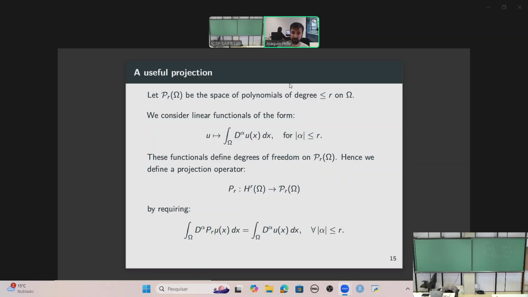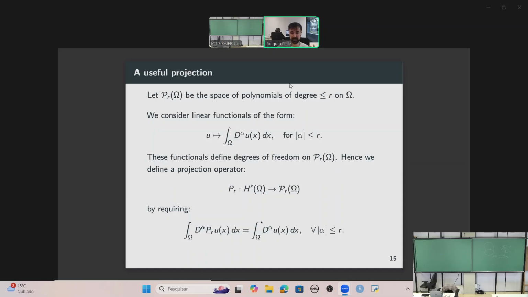So how do we define the projection here? If I have a certain function u, how do I define its projection onto the polynomial space? Well, I just require that each of these degrees of freedom have the exact same value as when they are evaluated on the function itself, right?